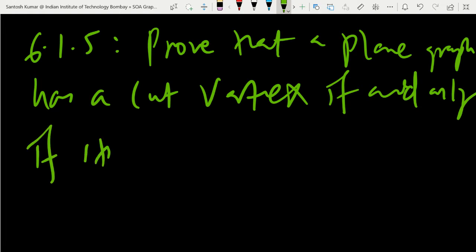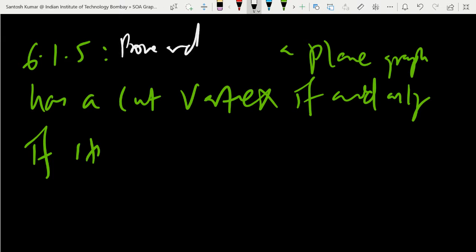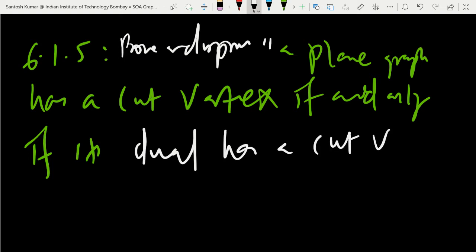Oh, I think it's not prove that; it's prove or disprove. So the statement is: a plane graph has a cut vertex if and only if its dual has a cut vertex. So if a graph G has a cut vertex, then its dual graph G star will also have a cut vertex, and conversely. So this statement is true or false? You have to tell. If true, then prove. If false, then give an example.